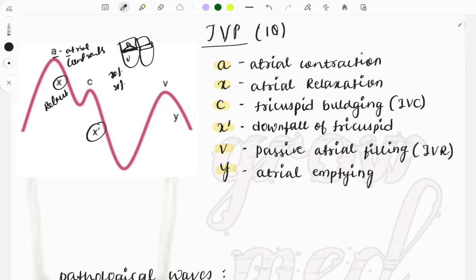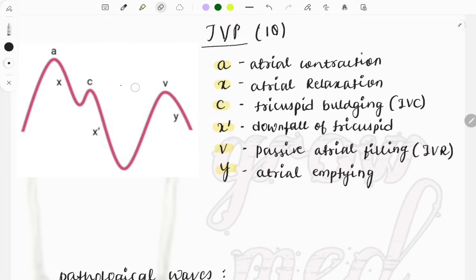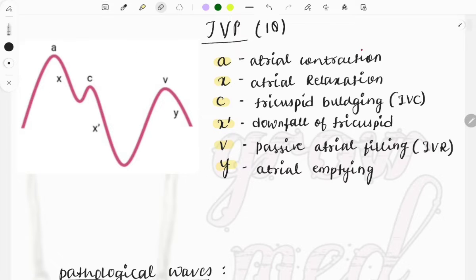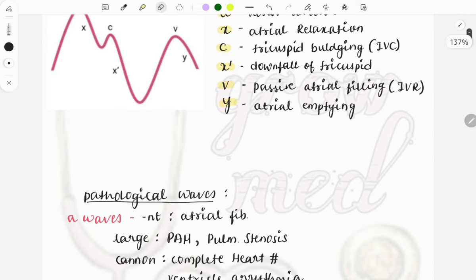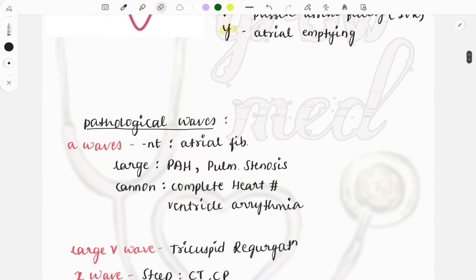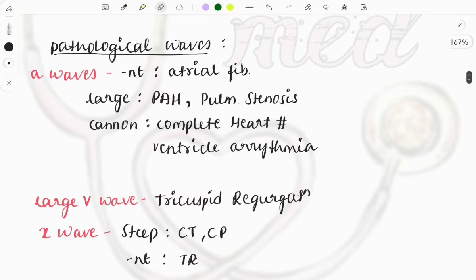Moving on further, these were the normal things. Now we will discuss the abnormalities associated with this and in which disease what kind is seen. So pathological waves: if the A wave is absent, then it is seen in case of atrial fibrillation. See, apply your basic knowledge here. In atrial fibrillation on ECG what can we see?